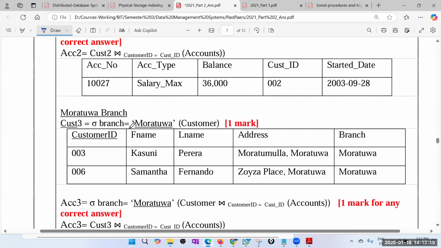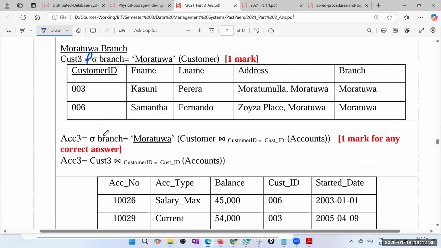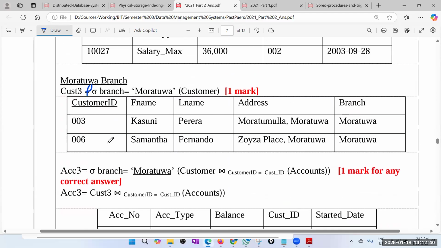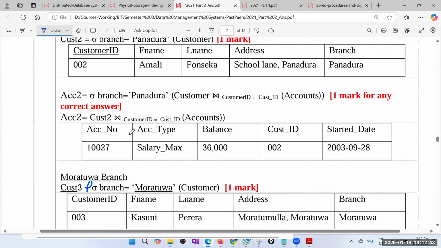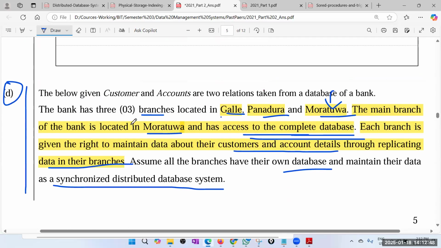Moratuwa one is not right. You can see there is no condition. They have put a sigma, but there is no condition. So you don't need to add a condition for Moratuwa because Moratuwa needs access to all the data. Okay. Right. So therefore, they have put branch Moratuwa, right? But Moratuwa branch has all the data. The main branch of the bank is located in Moratuwa and has access to the complete database.